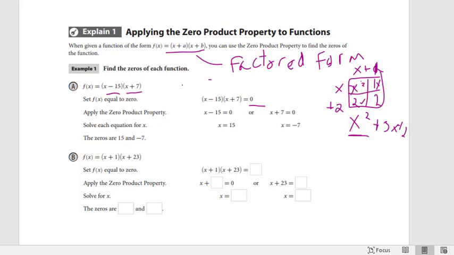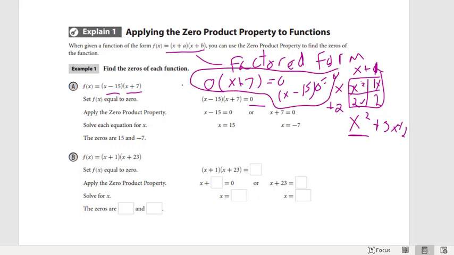To do that, if I have 0 times x plus 7, that would equal 0. Also, if I have x minus 15 times 0, that also equals 0. Okay, so these are the two situations where I could get this to equal 0.